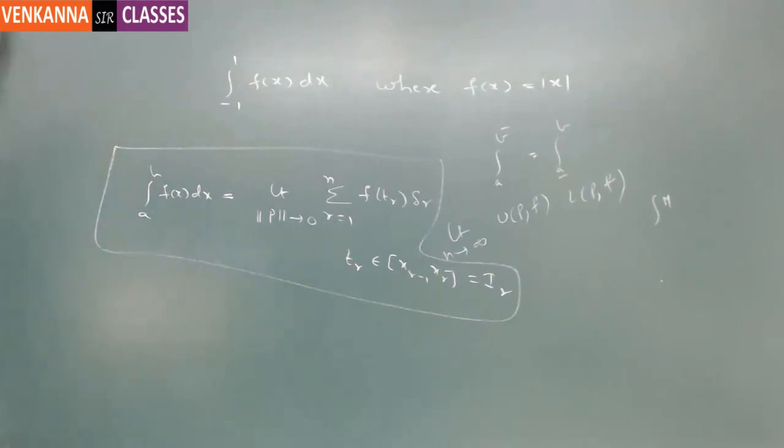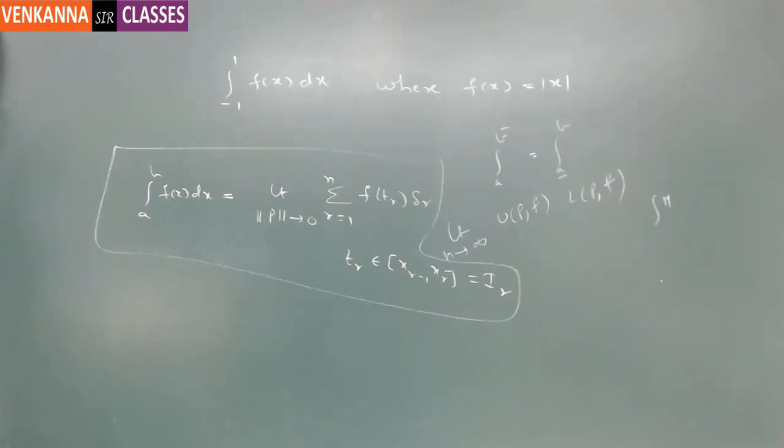You consider a partition, you take n subintervals, and as we know, integration is nothing but the sum of the values. So integral a to b f(x) dx is equal to the limit as norm P tends to 0 of the summation r equal to 1 to n of f(t_r) delta_r.